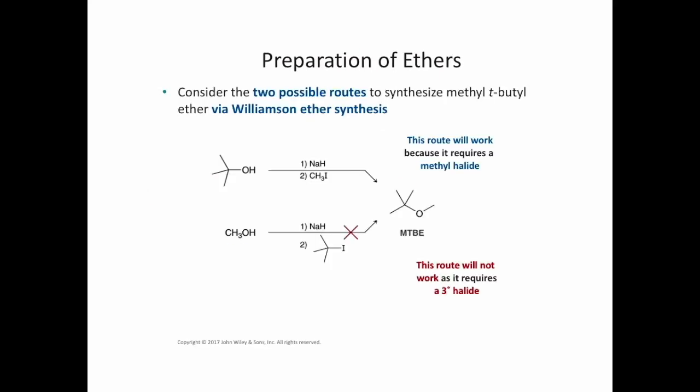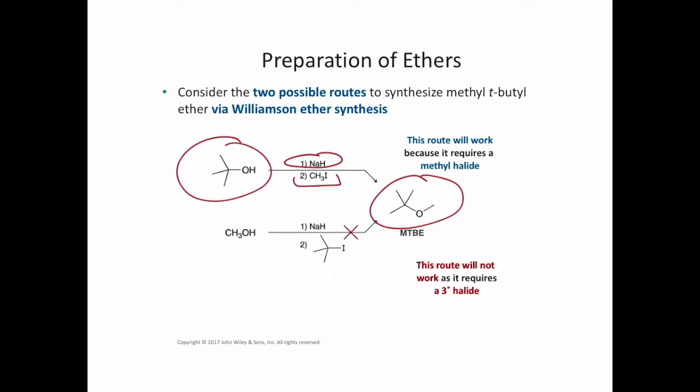So consider these two possible routes to synthesize methyl t-butyl ether. The top route will work because we're going to take the t-butyl alcohol, deprotonate it with sodium hydride, and then do an SN2 with methyl iodide.